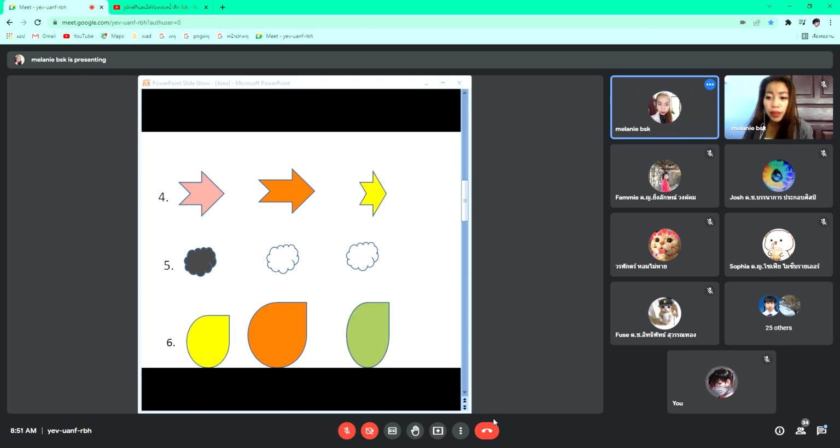Anybody? Okay, go on. For number 6, A, B, or C. Which letter occupies the biggest area? The biggest area. Letter B. How about the smallest area?